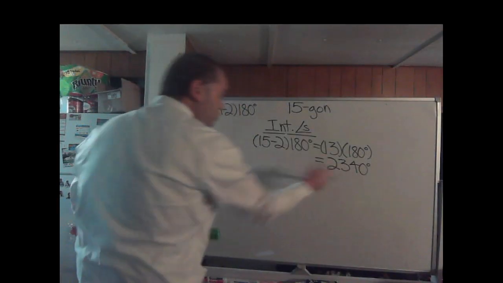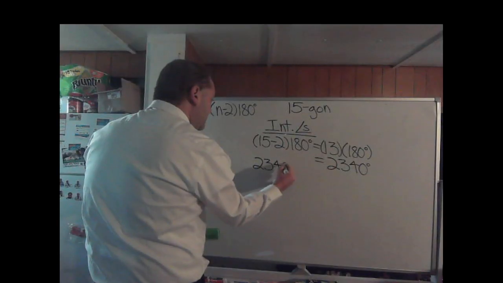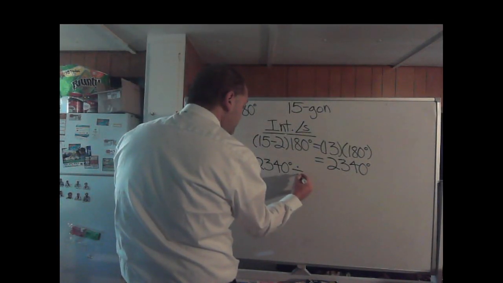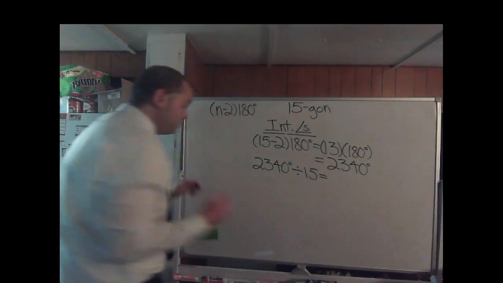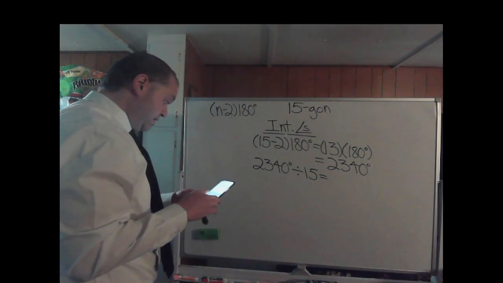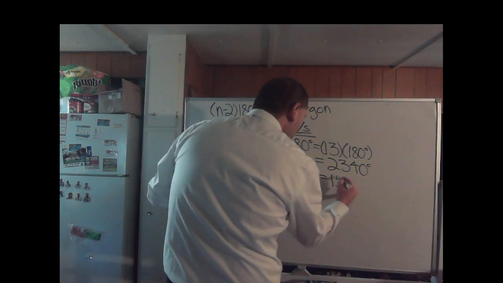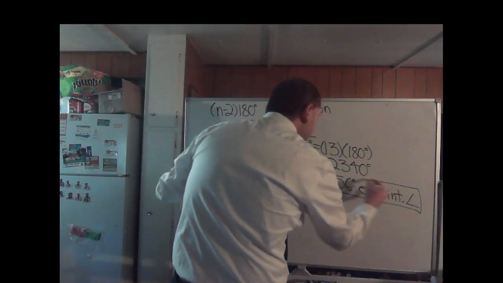Now I'm going to take that total sum, 2,340 degrees, and divide that by the number of sides this polygon has, which is 15. Let's see what we come up with. Each interior angle is 156 degrees.